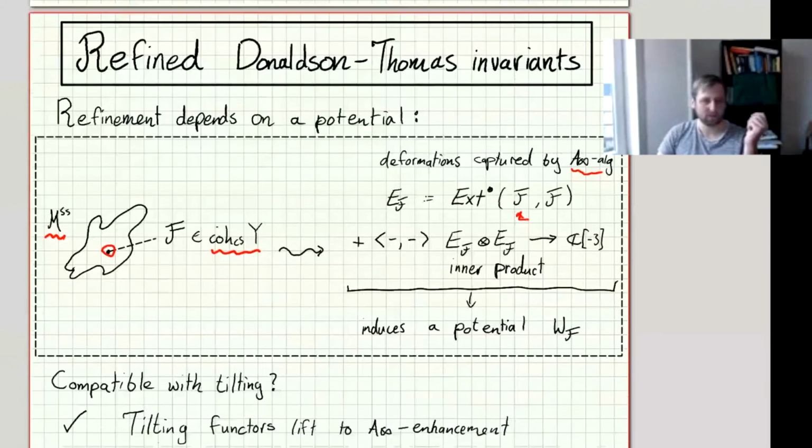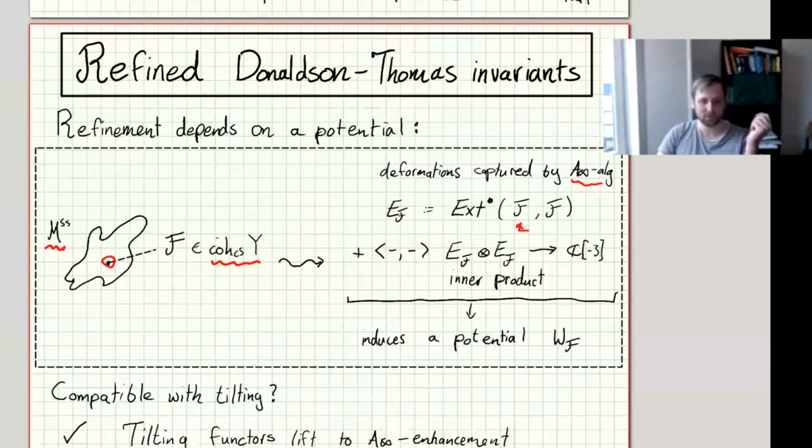Right, so first is some good news: these tilts are a type of Morita equivalence, and this all works perfectly fine with the A-infinity structure once you take some sort of enhancement of your category. So that's good.